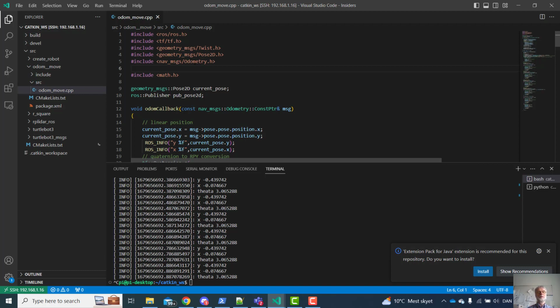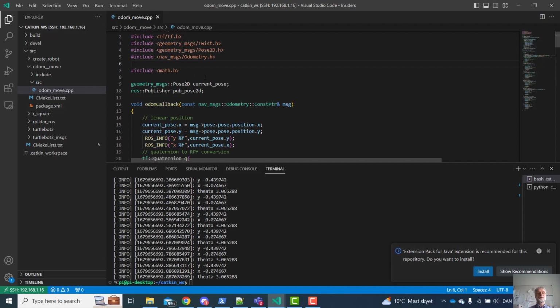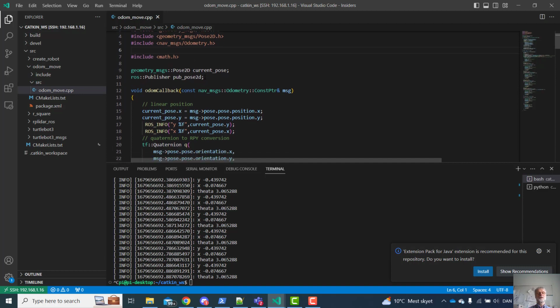So when the robot is moving, it is publishing to an odom topic, which our application here for navigation must subscribe to. Then there is also a math library, but I'm not sure if it is necessary.